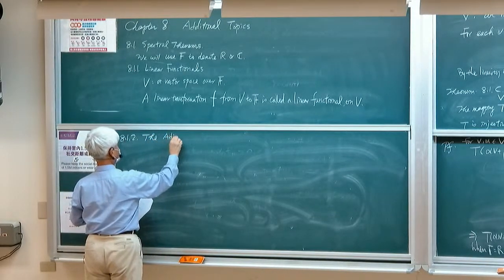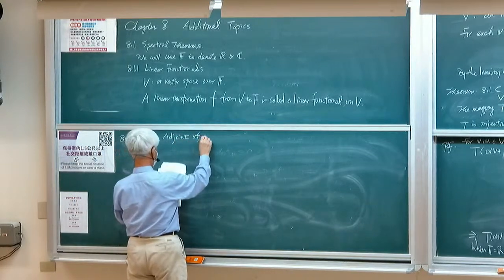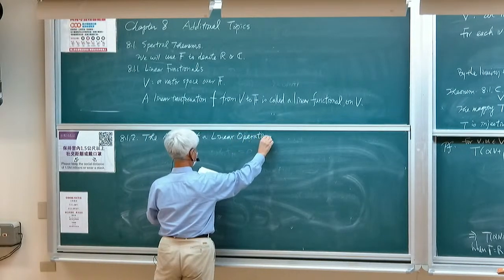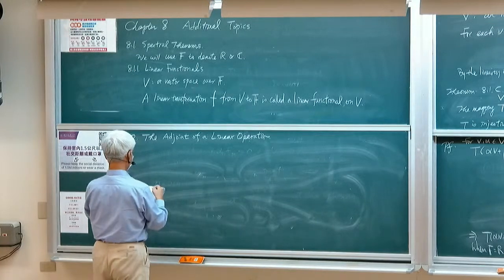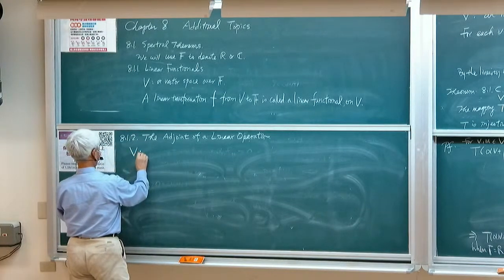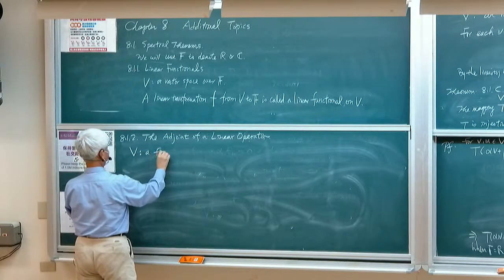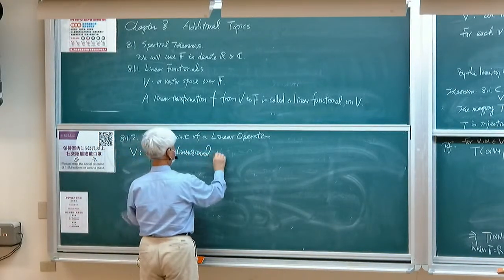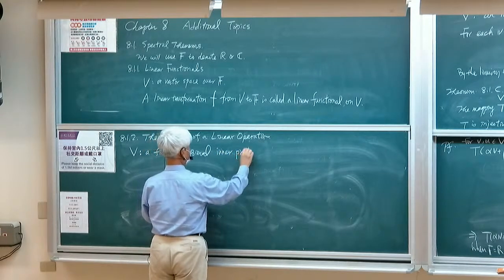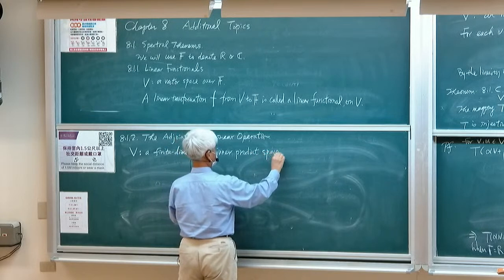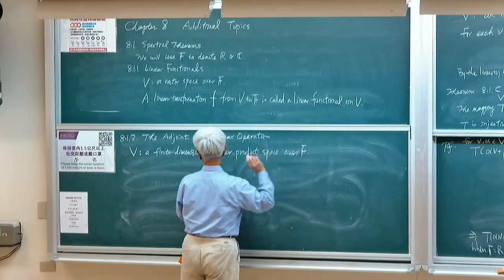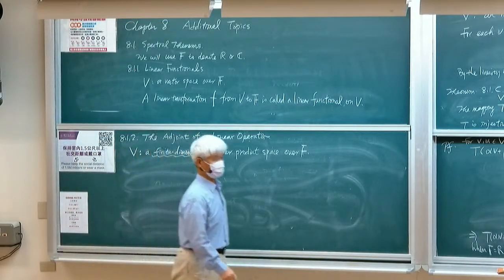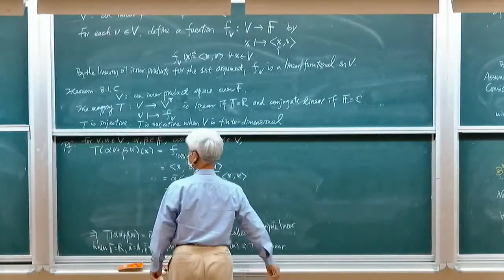In this subsection we will let V be a finite dimensional inner product space over F. V is finite dimensional, it's very important. So a lot of good things happen.